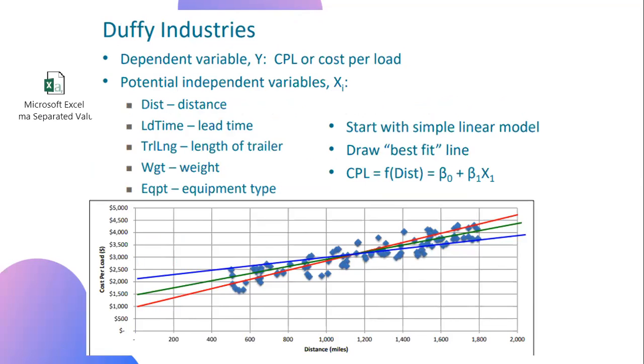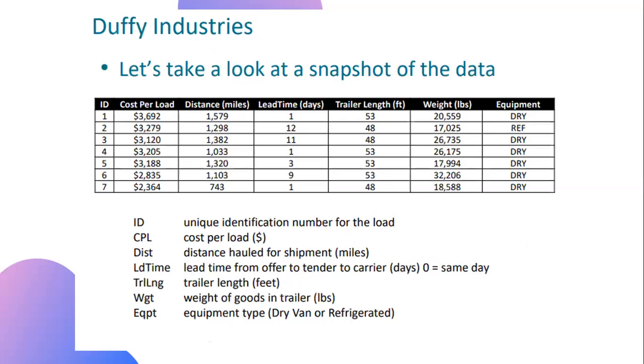We are going to build 4 prediction models, analyze them, and determine which one we should go for. If you open up the Excel sheet, which I will be doing in a little bit, you will see something like this, where Y is the cost per load, and these are a number of different X variables: the distance, the lead time, the trailer length, the weight, the equipment.